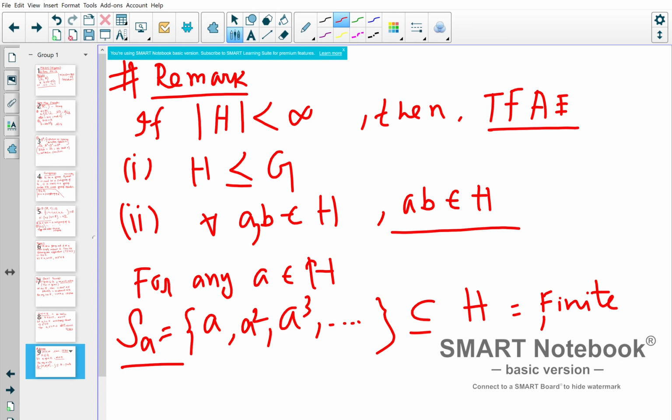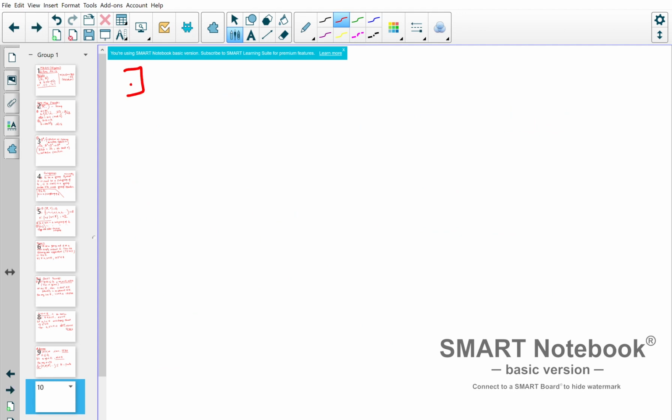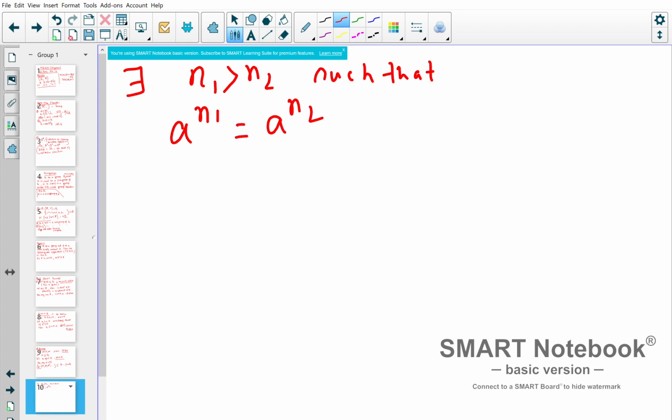So there exist some integers n1 and n2 such that a power n1 equals a power n2. So it will repeat. And what does that mean? This means that a power n equals identity, where n equals n1 minus n2.